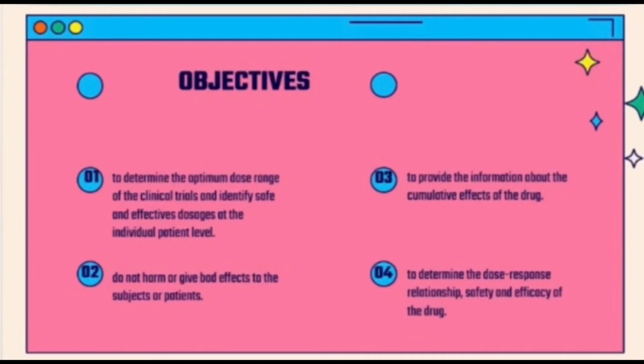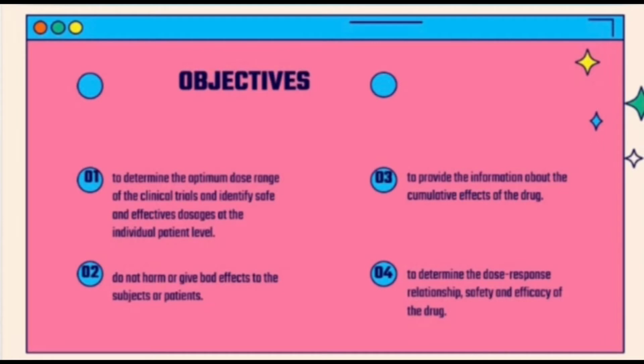There are 4 objectives of this drug dose determination. The first objective is to determine the optimum dose range of the clinical trials and the safety and effectiveness of the drug at the individual patient level.